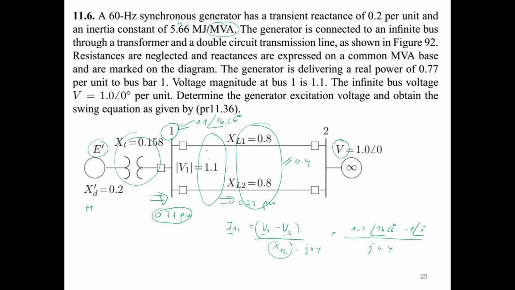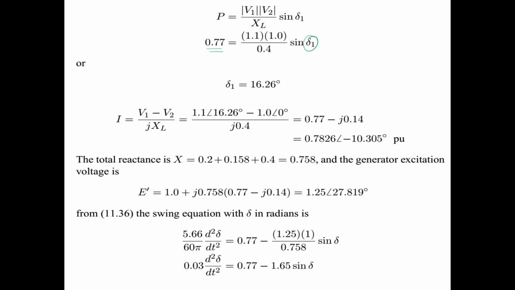Now you know this current. This current is the same as this current because this is a series circuit. Now you can determine the current flowing through the corridor from bus 1 to 2.